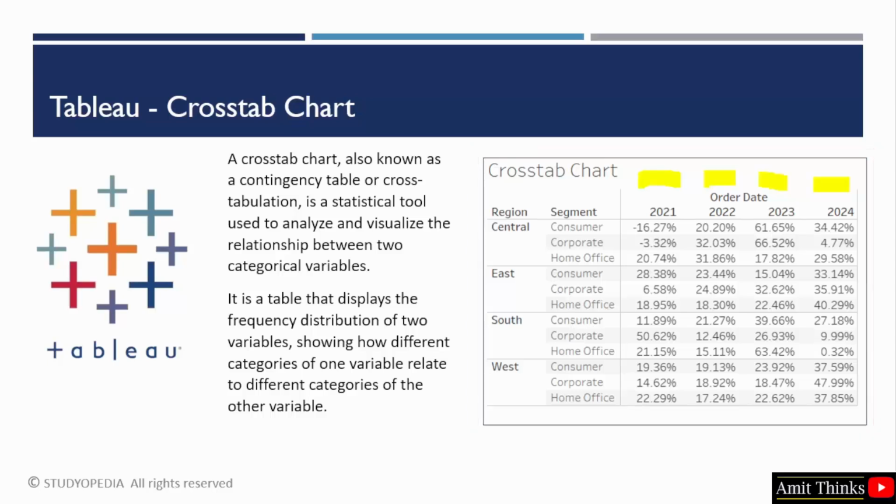Okay, so crosstab chart is also known as a contingency table or cross tabulation. Consider it as a statistical tool. If you want to display the frequency distribution of two variables as a table, then use the crosstab chart. This frequency distribution will display how different categories of one variable relate to different categories of the other variable.